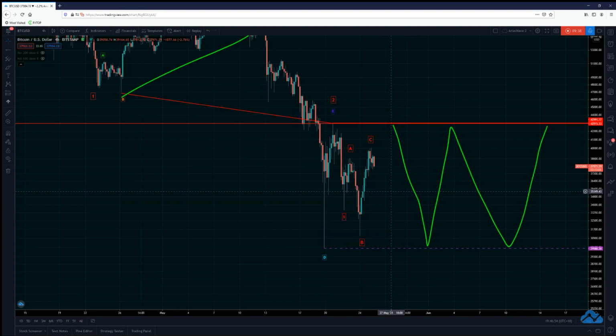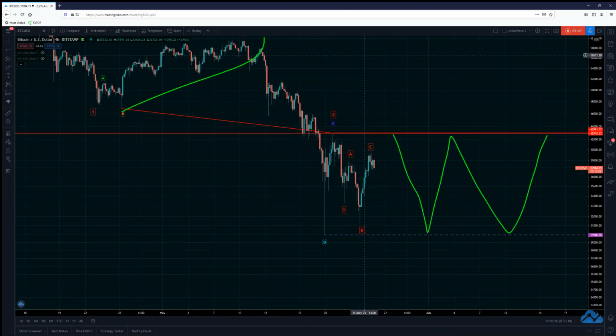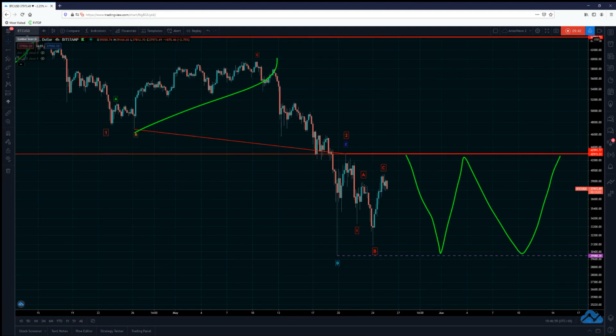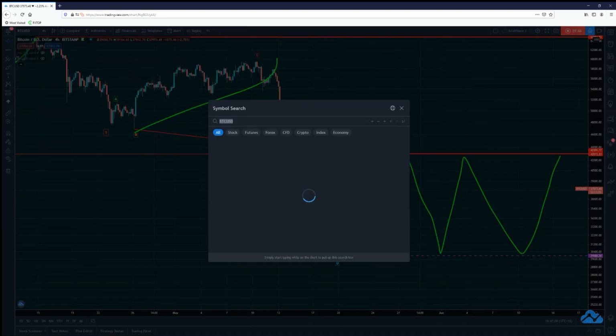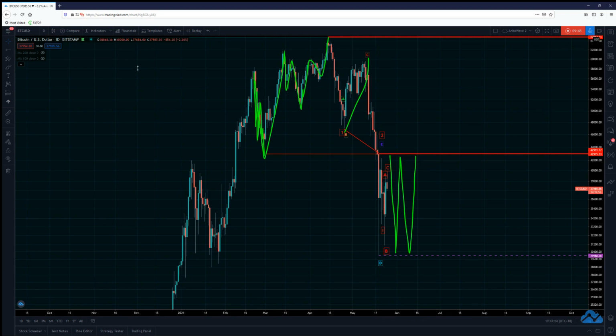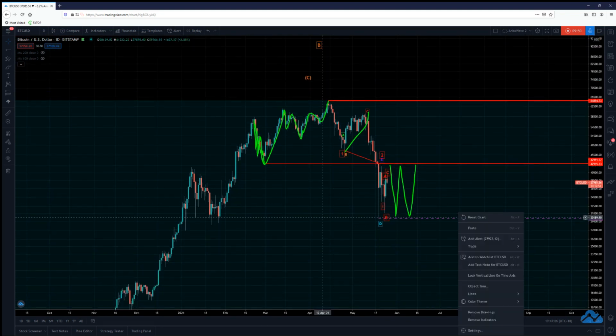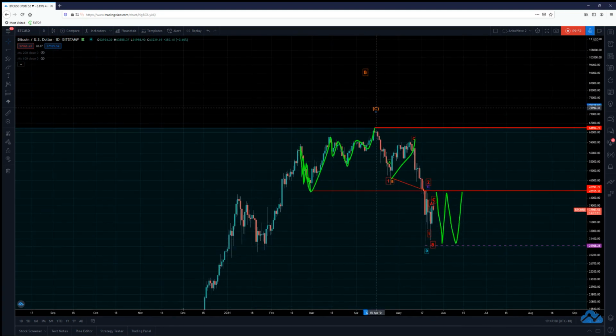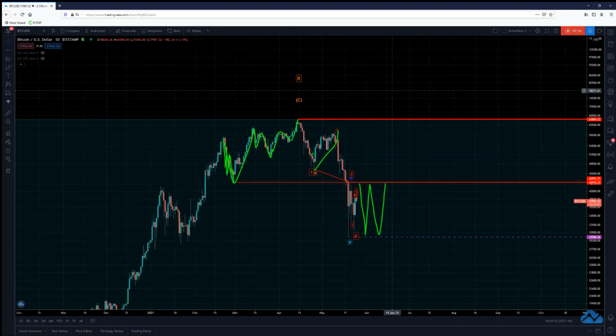The count still remains the same for Bitcoin. Okay, so we're talking about XLM completely outperforming Bitcoin because Bitcoin has hit its B wave top, according to this count, which could be wrong.